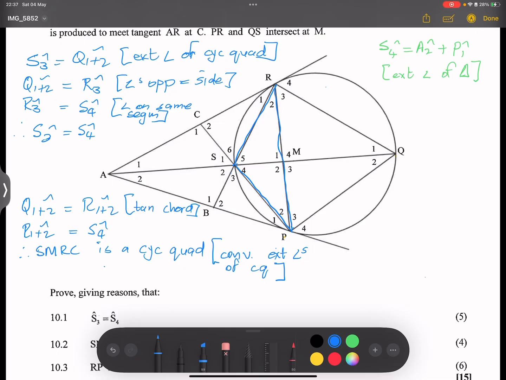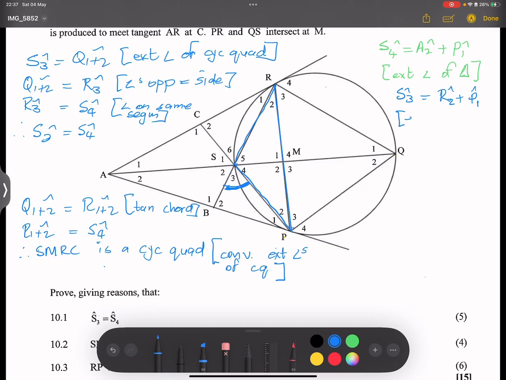And remember S3 as well on that triangle. So S3 would also be equal to angle R2 plus angle P1, right? Why?